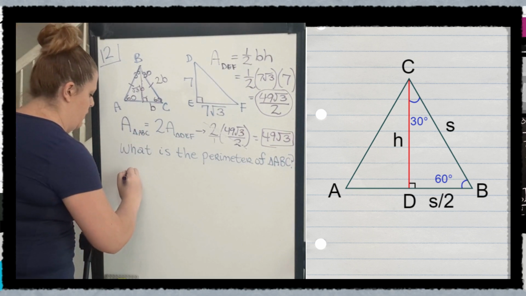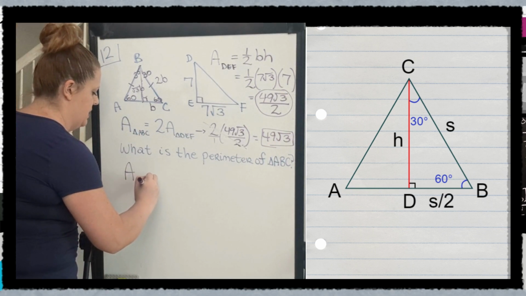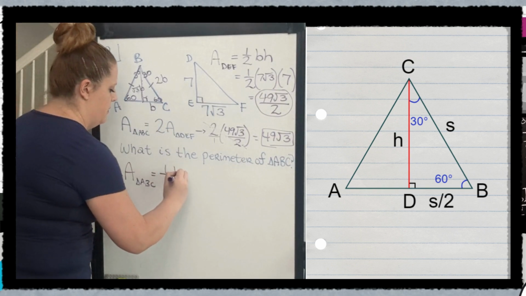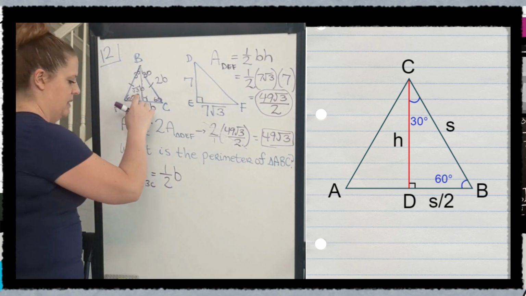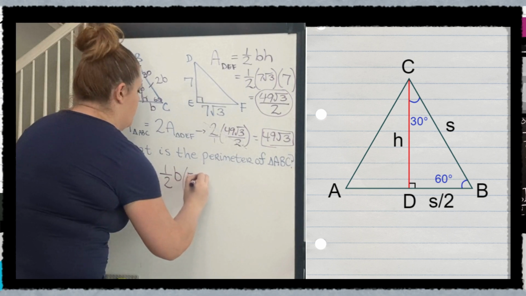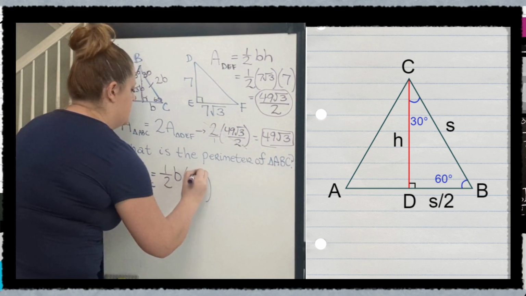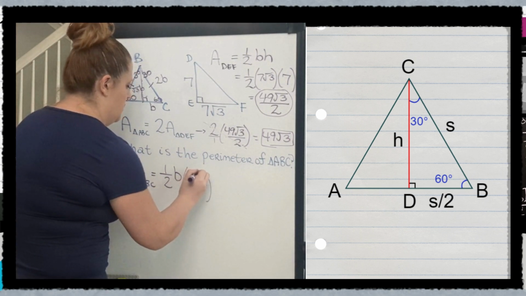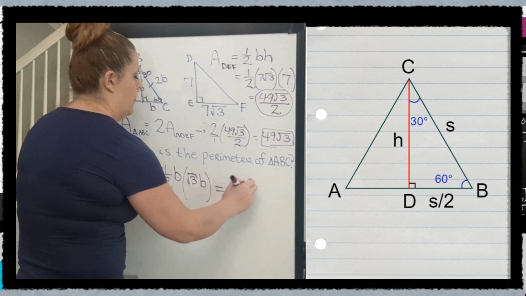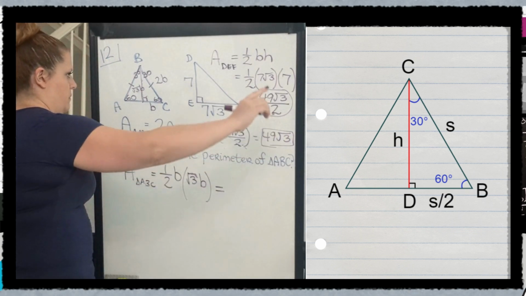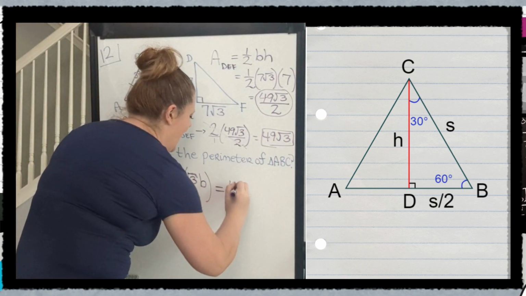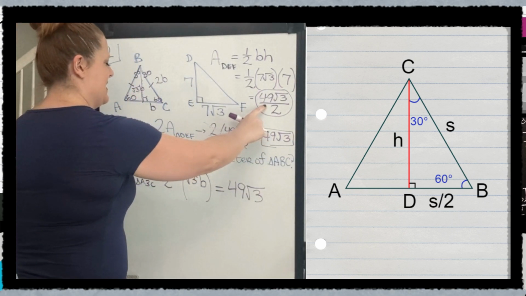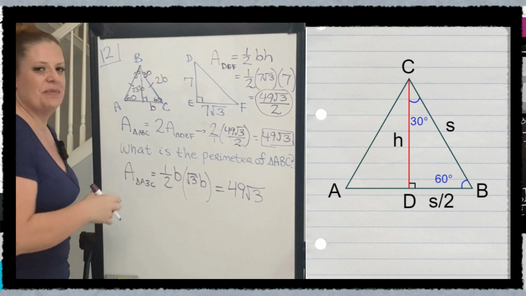Now, our formula for the area of ABC: 1/2 base and height. Our height is square root of 3 times B. This is equal to 49 square root of 3. Remember, twice this is the area of ABC.